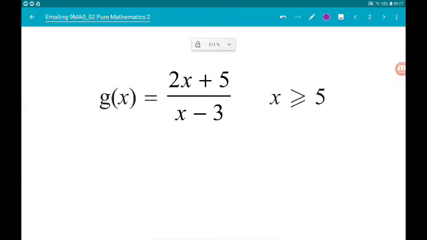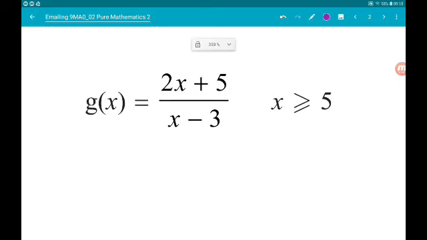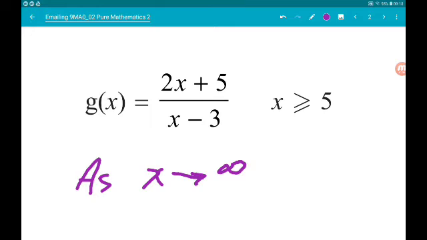Now we know that x can be 5 and anything bigger. So what we need to do is think about what happens as x gets really big. So we could say as x tends to infinity, then we're not really going to care about the plus 5 on the top and the minus 3 on the bottom.